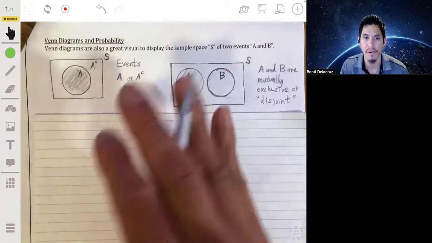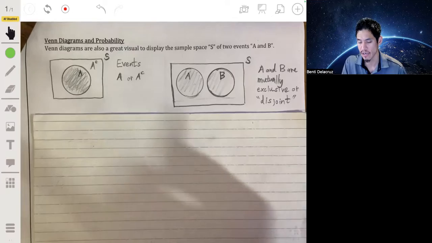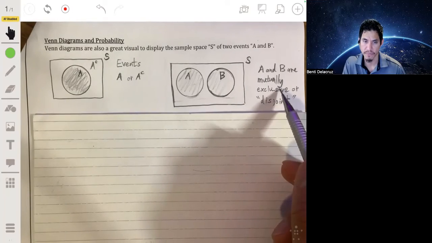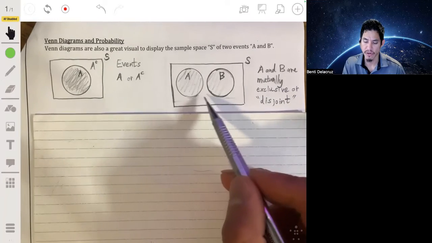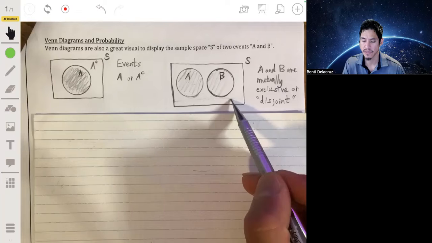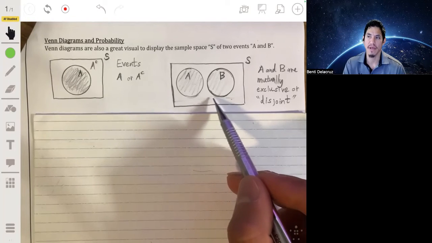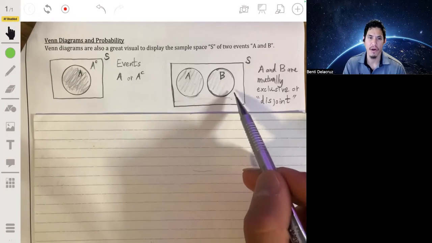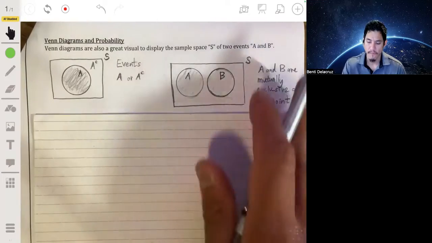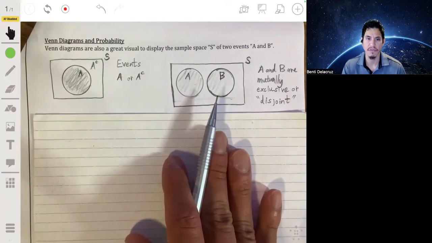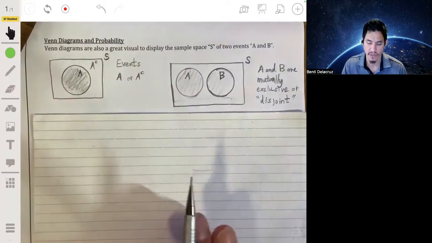So these are what we say are disjoint or mutually exclusive. Out here, we have neither event A or B. So you could say the complement of A and the complement of B together. So that's our second basic example, mutually exclusive or disjoint events.